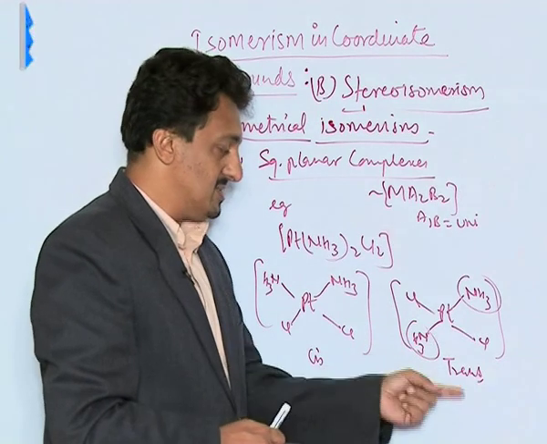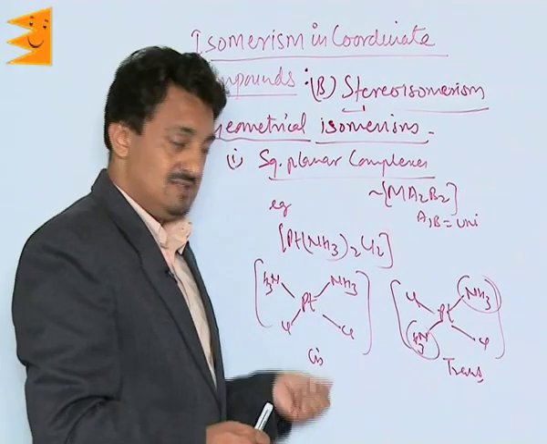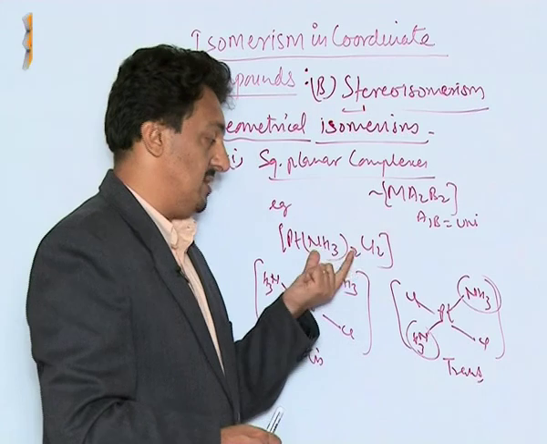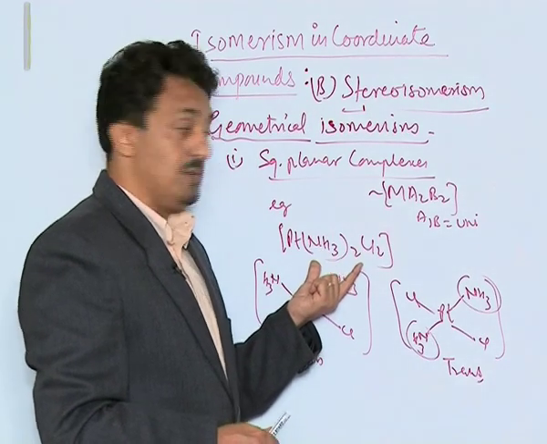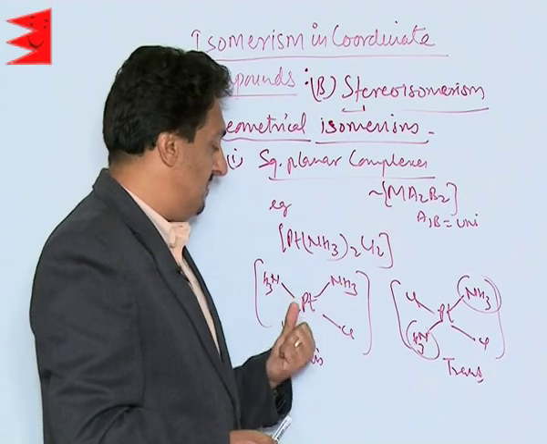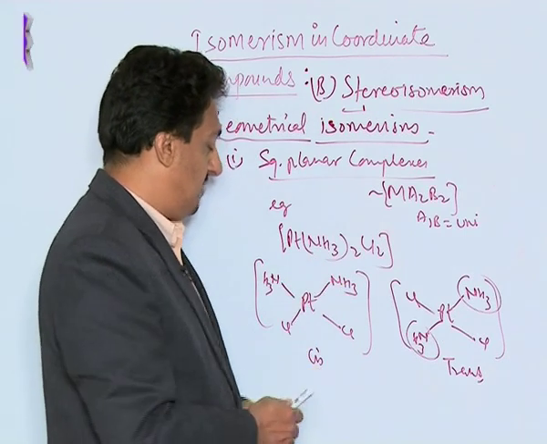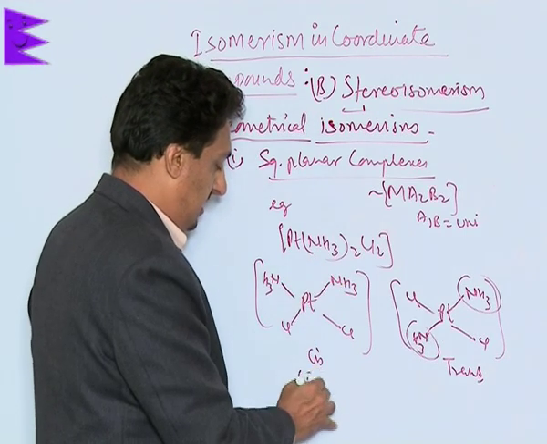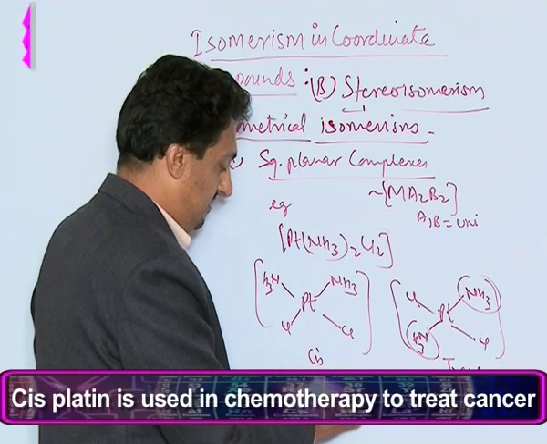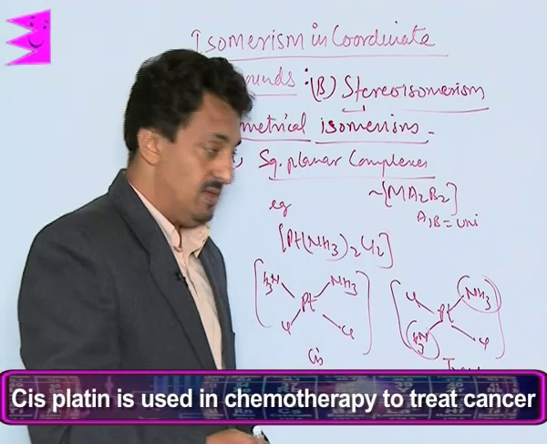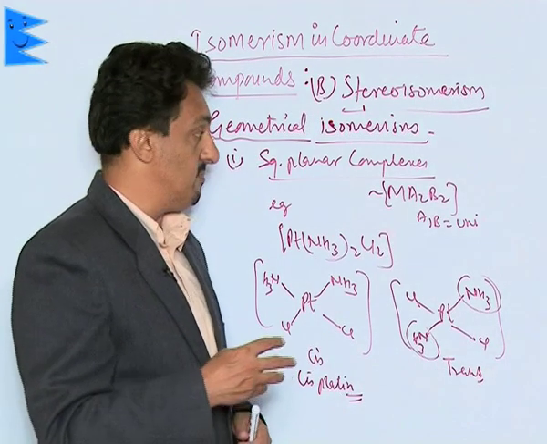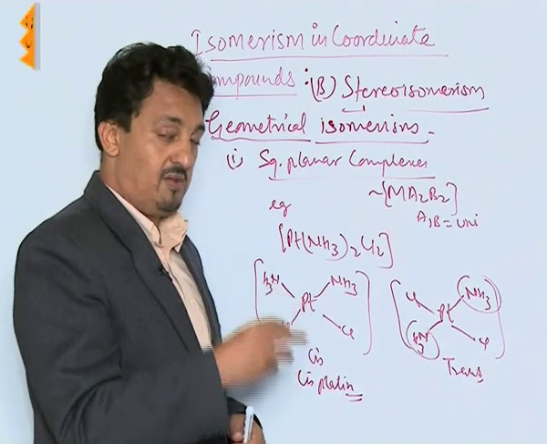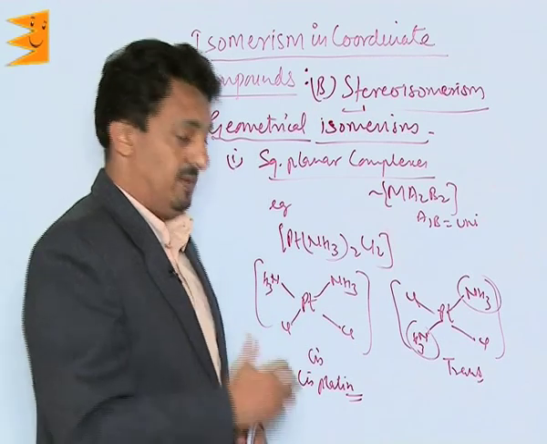So when they are opposite, it's called trans. When they're on the same side, it's called cis. So this is how we have two stereoisomers of this compound. And this cis compound is very special because it is called cisplatin, which is used in chemotherapy. So this is square planar stereoisomerism, specifically geometrical cis-trans isomerism in square planar complexes.